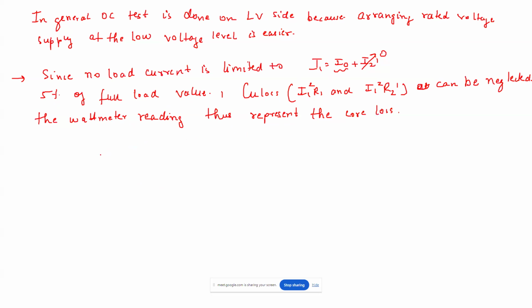Another thing is that the no load power factor is low, it will come out to be 0.2, 0.3, like that.